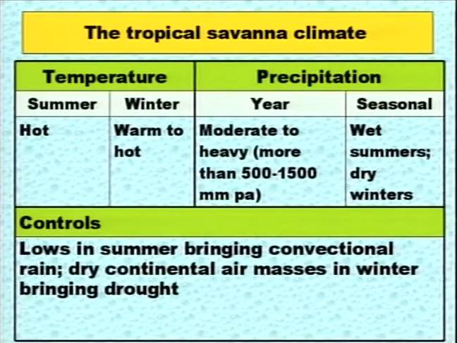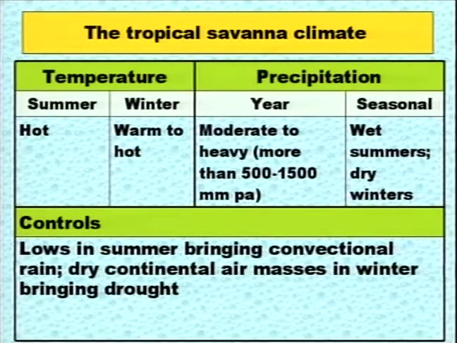Like what we have done for the equatorial climate, a summary. I'll look at that quickly and then I'll ask you to go through by making note of that into your exercise book. Okay, look at the temperature of the tropical savanna climate. The summer is hot. We said winter is warm to hot in terms of temperature.